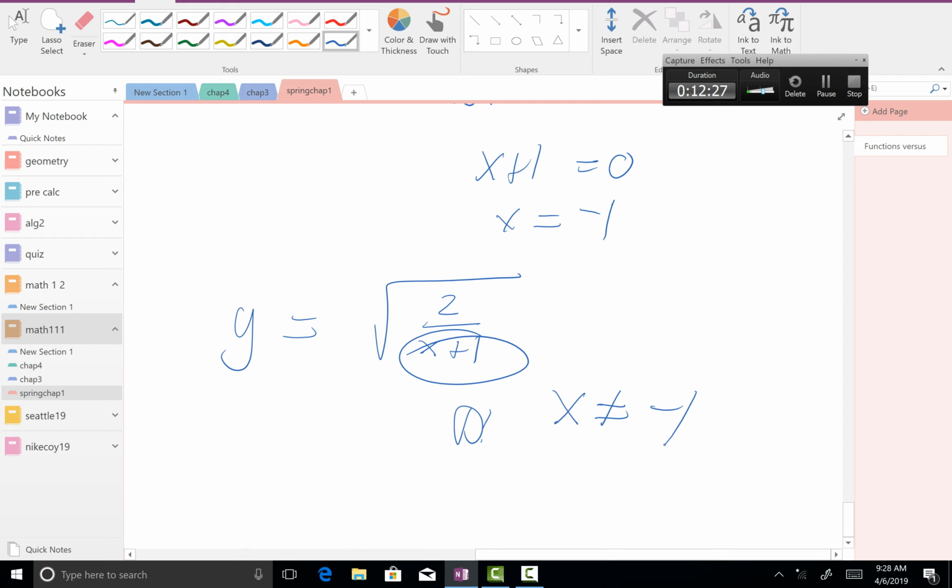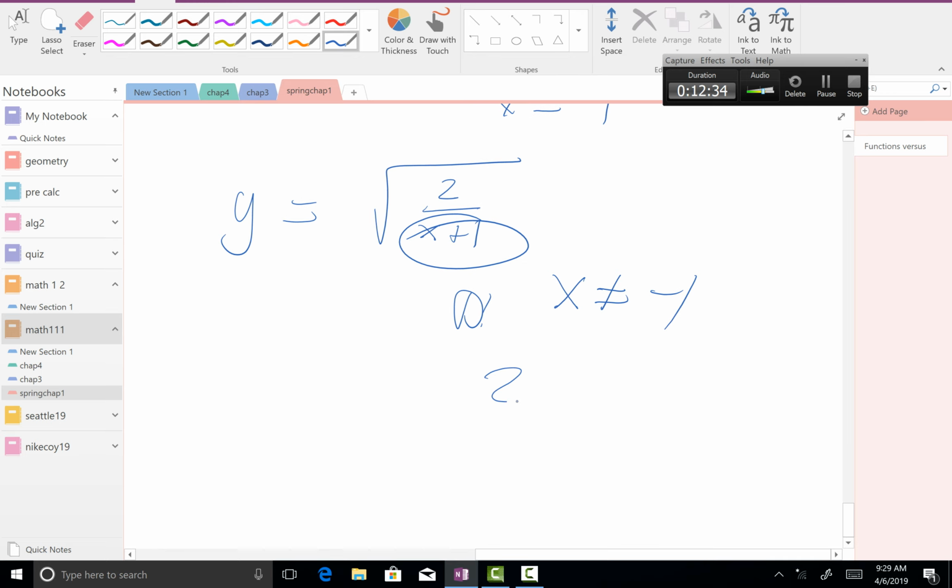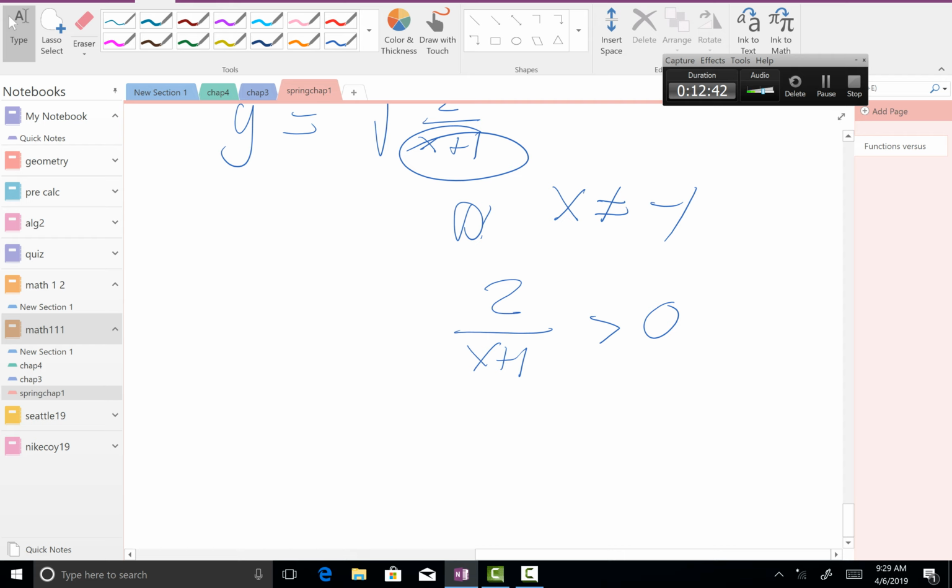What can a square root not be? Negative. So now I'm going to say, doggone it, this has to be a positive number.